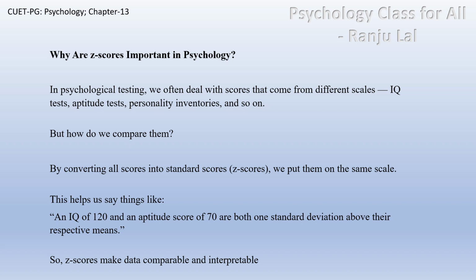By converting all scores into standard scores, we put them on the same scale. This helps us say things like an IQ of 120 and an aptitude score of 70 are both one standard deviation above their respective means. So Z scores make data comparable and interpretable.